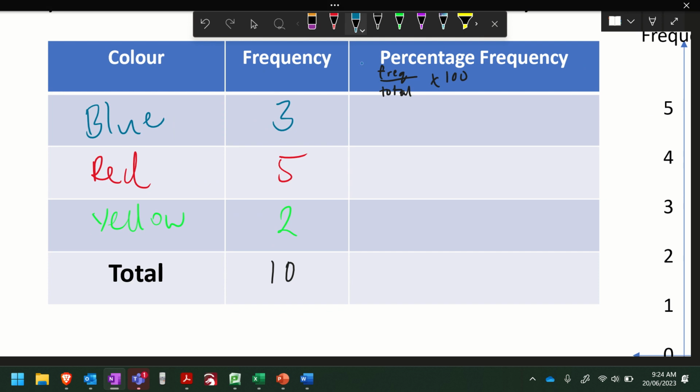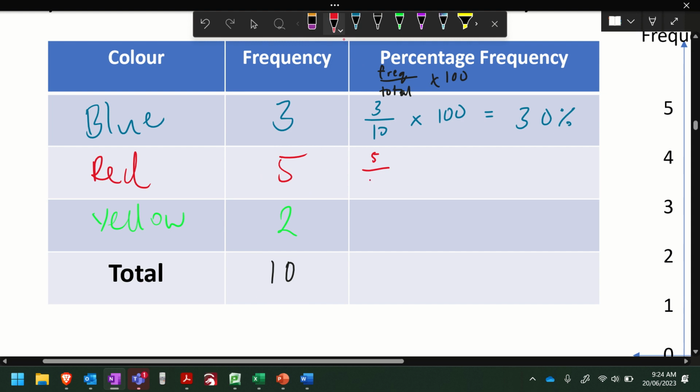For blue, you've got a frequency of 3 divided by the total of 10 and then times by 100. So therefore, the percentage frequency will be 30%. For red, you've got a frequency of 5. So it's going to be 5 divided by the total of 10 and then times by 100, which equals 50%.